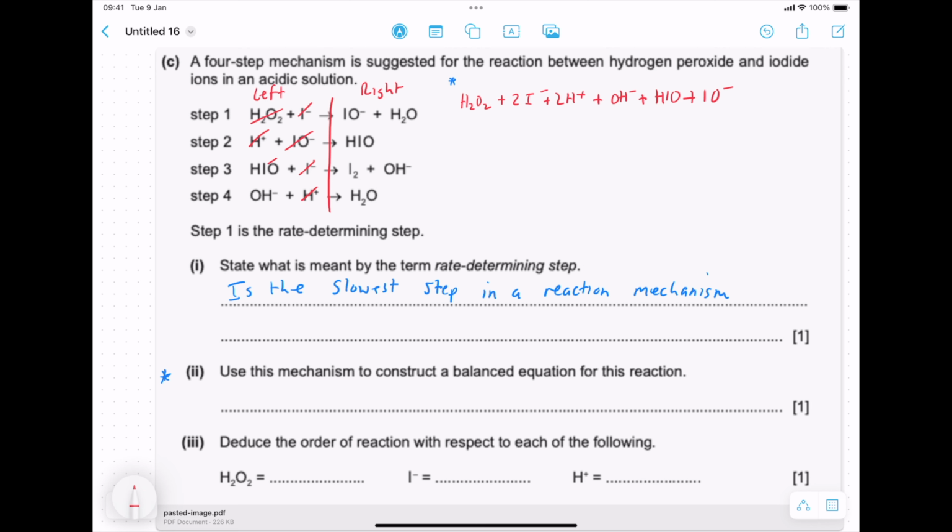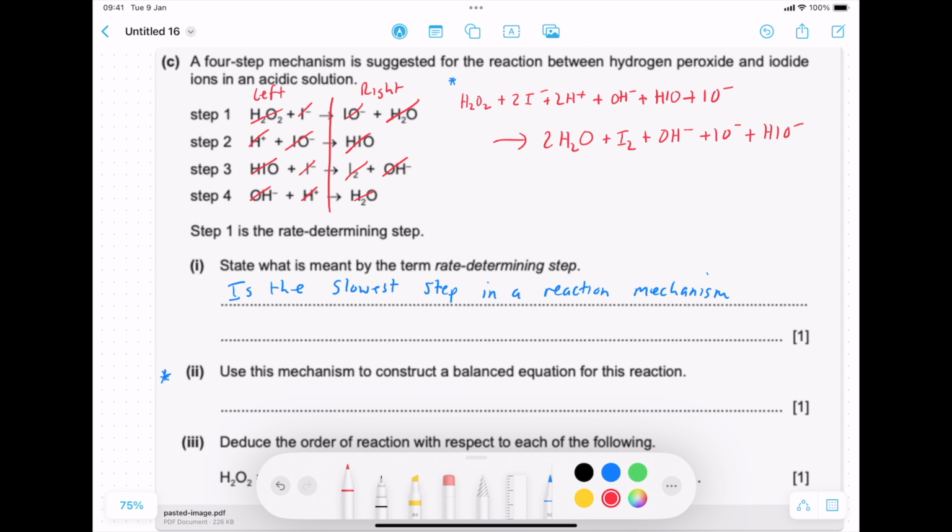So that's everything on the left hand side done. Goes to what's on the right hand side. I can see there's 2 water molecules, so 2H2O. I can see there is an I2, an OH, so that goes and that goes. I can see there's an IO minus, and then finally a HIO. So that's everything added on the left, everything added on the right.